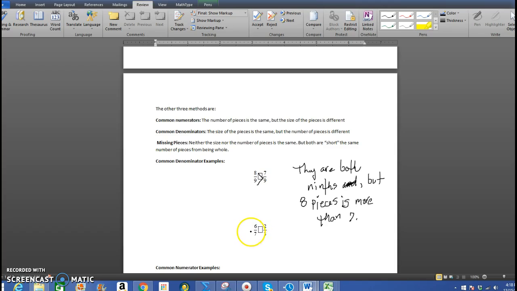The second problem doesn't have common denominators yet, but we can take care of that. So we look at the 7 and the 3, and the denominator that I can change them both to, that is the smallest, would be 21. And I would do that by multiplying the first fraction by 3 over 3, and the second fraction by 7 over 7. So that makes this first fraction 18 over 21. And it makes the second fraction 14 over 21.